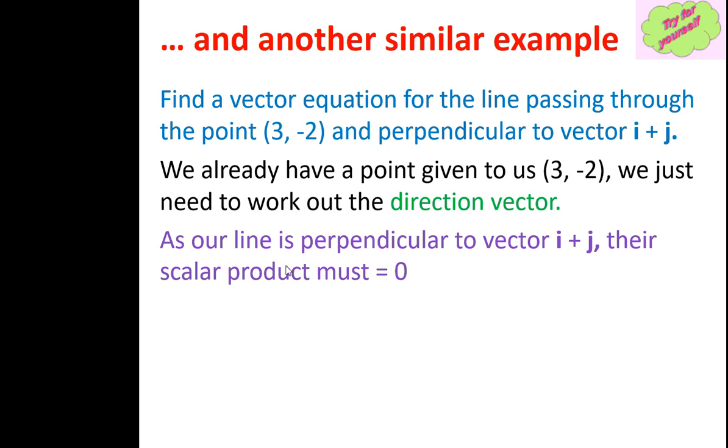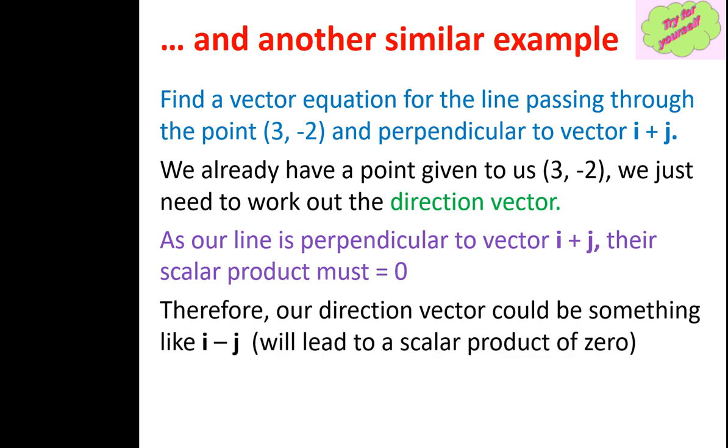So remember, as our line is perpendicular to vector i + j, their scalar product must equal 0, because if two lines are perpendicular, like at 90 degrees, their dot product or scalar product equals 0. It's a very helpful thing to remember.